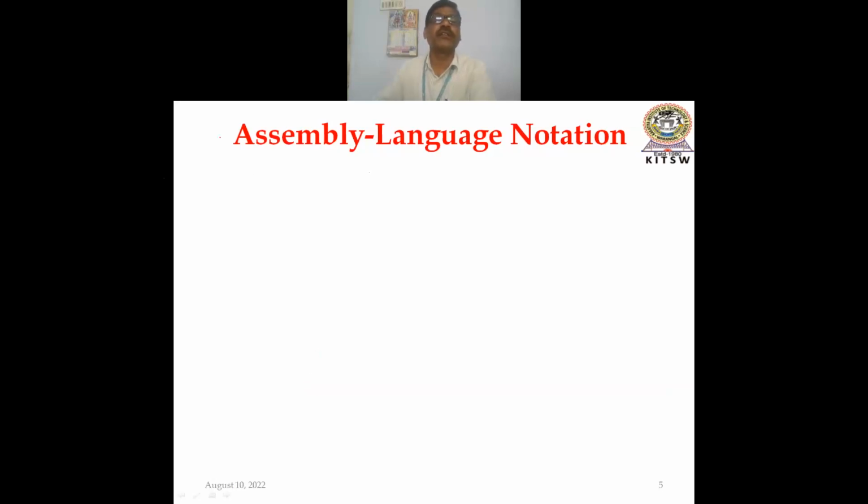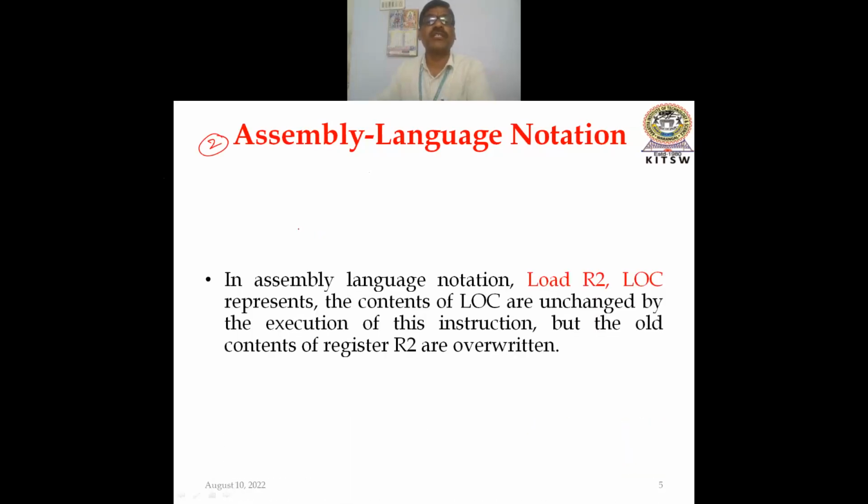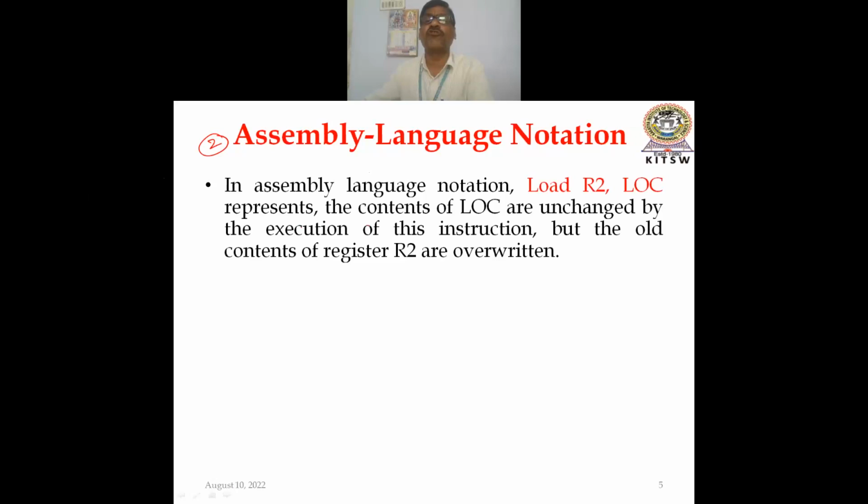Next, coming to the second type of notation, assembly language notation. In assembly language notation, we make use of load and store instructions. Now if you want to load the LOC value into the processor register R2, the value of LOC will be loaded into R2.